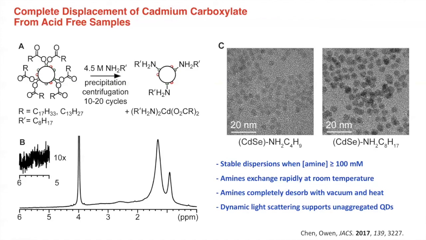It turns out that this material is relatively unstable to aggregation. It becomes a challenge to maintain this material soluble or dispersed in solution unless you keep the amine concentration high. So you have to keep a sample like this in a solution of donor, whereas in say, the starting cadmium carboxylate particles, they're perfectly stable because the ligands aren't coming on and off. They're just sort of stuck. But the primary amines seem to be coming on and off.